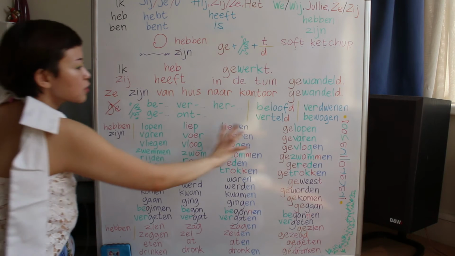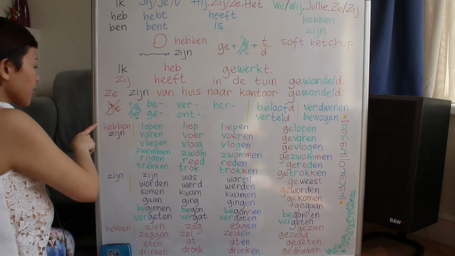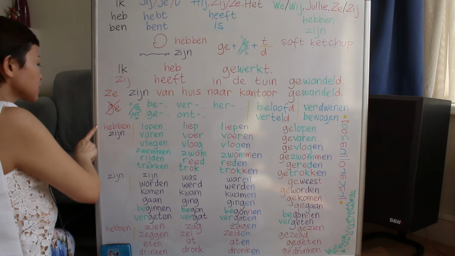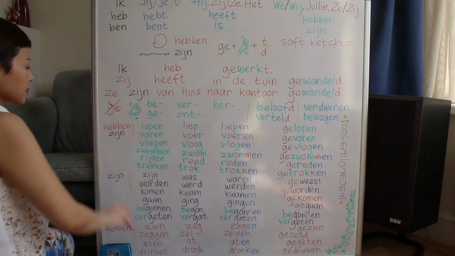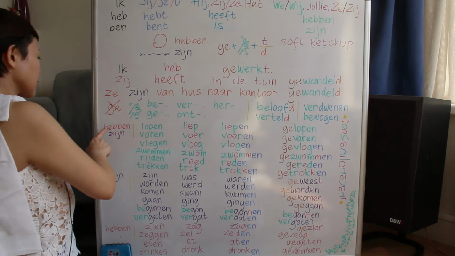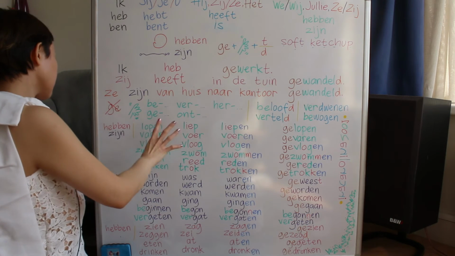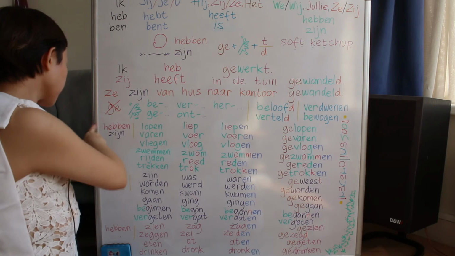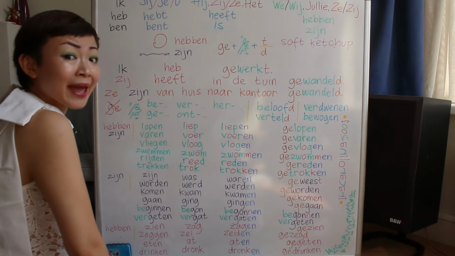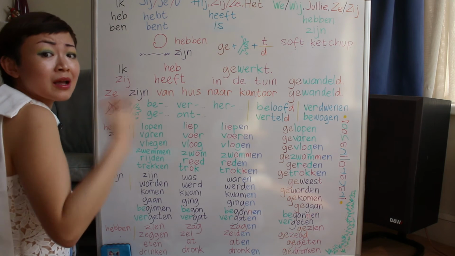And several words work with hebben also work with zijn. We can see here the verbs that work with hebben and zijn.